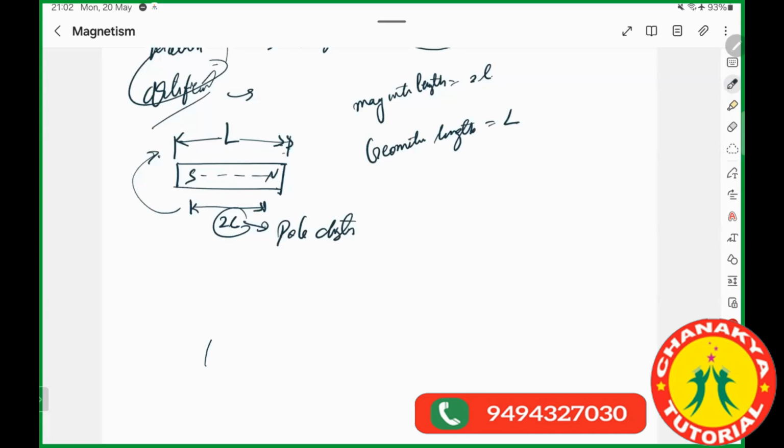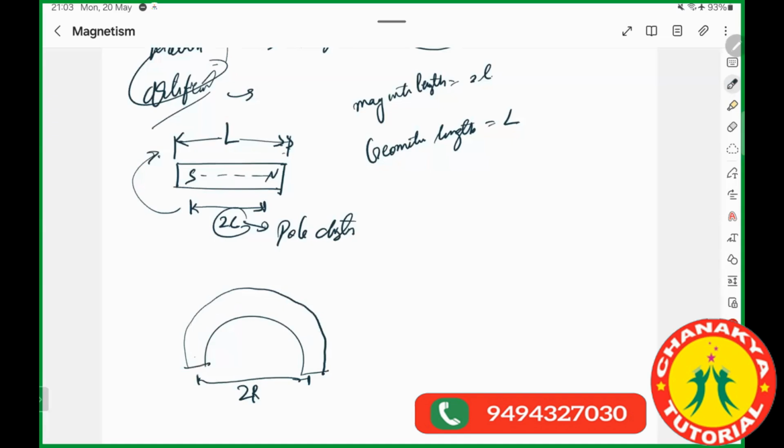Even if we consider a circular path, in that, what will be considered here? R, diameter. So that is 2R here.